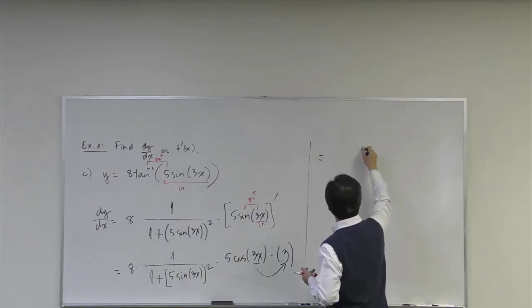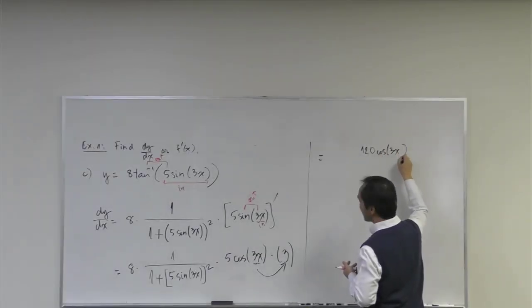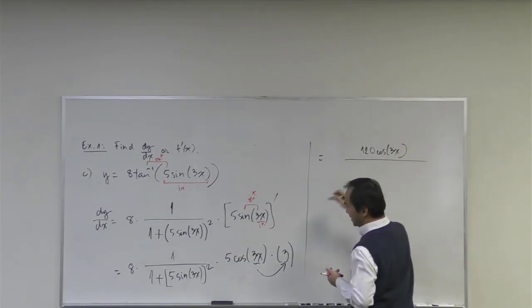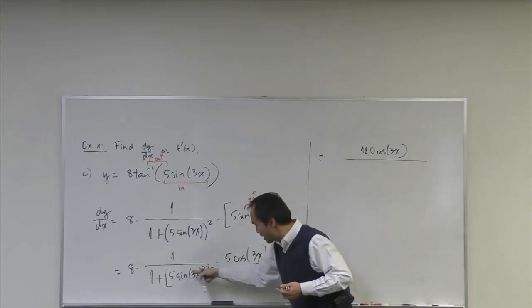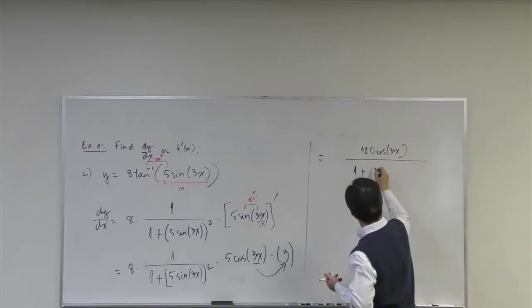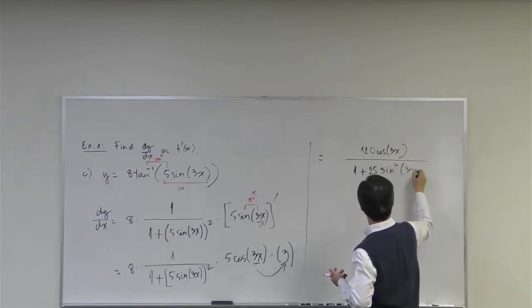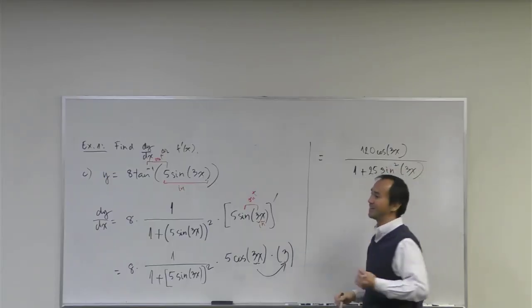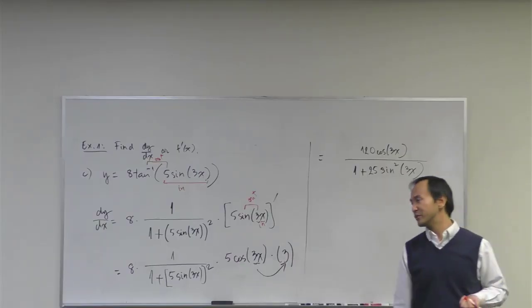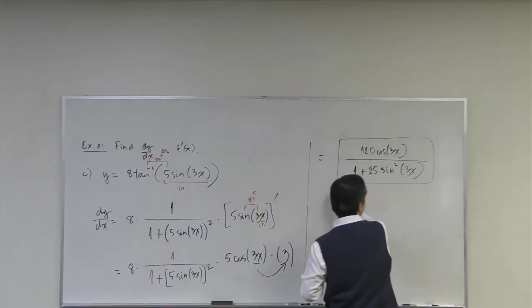So I got 120 cosine of 3x in the numerator, and in my denominator, the square on the whole 5 sine of 3x, so I can put that as 1 plus, actually it's not 5, 25 sine squared of 3x. See what I'm saying there? That's making it look much better. So now we have found that derivative.